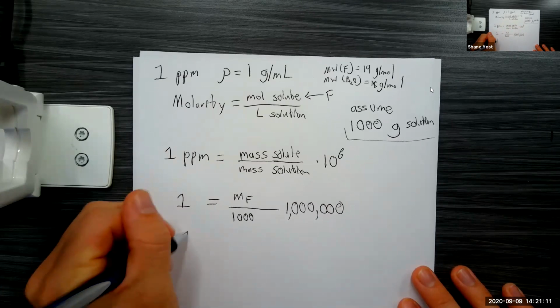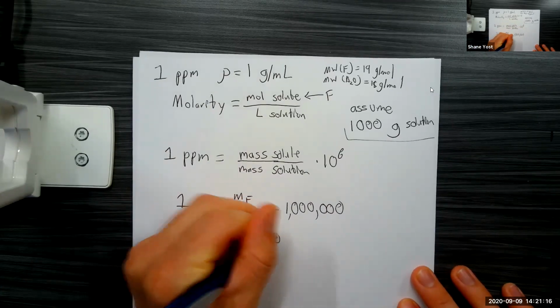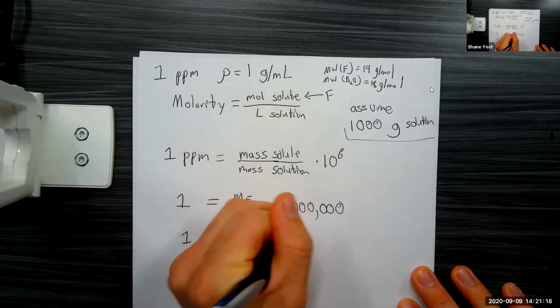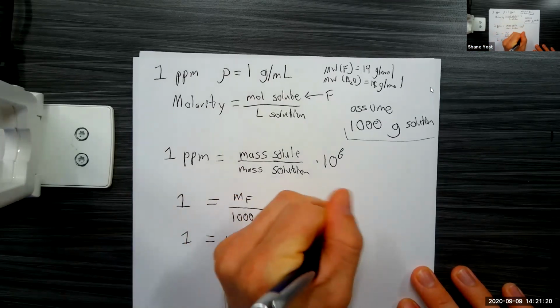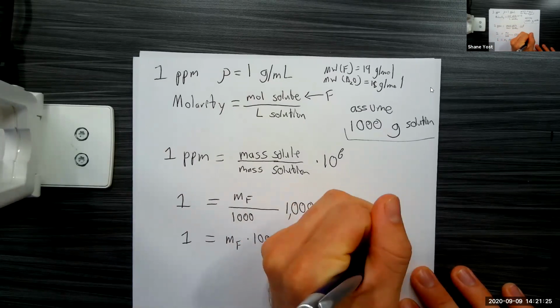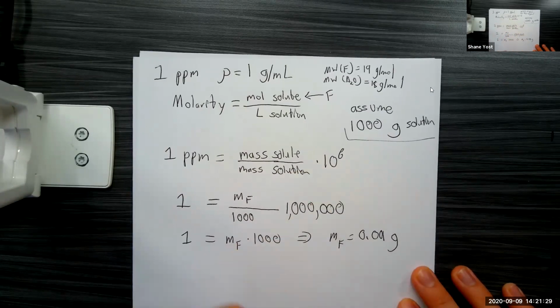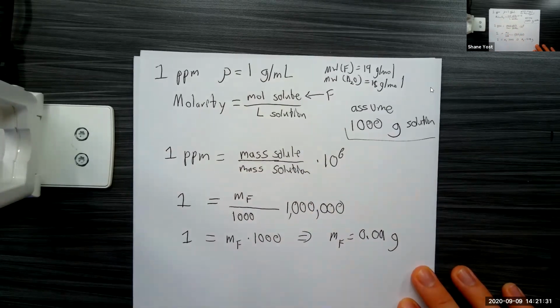You simplify this, you get 1 equals the mass of fluorine times 1,000, which tells us that the mass of fluorine equals 0.001 grams. Oh sorry, I got an extra 0.